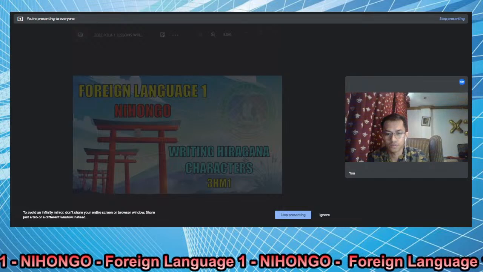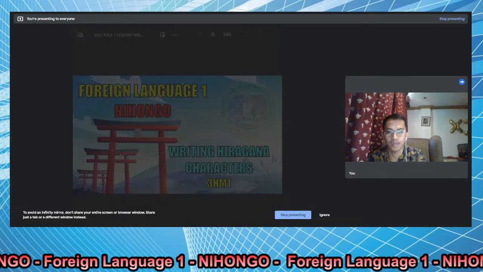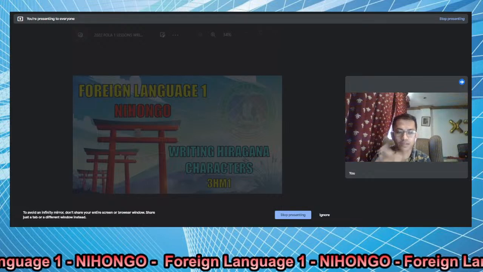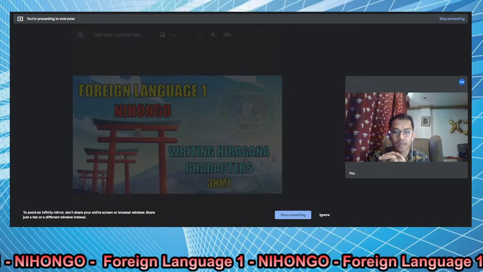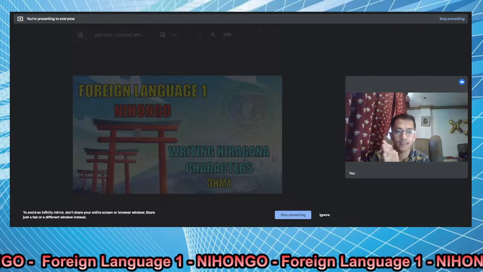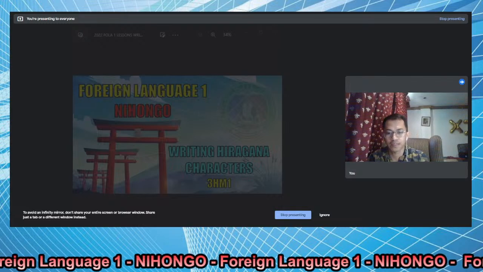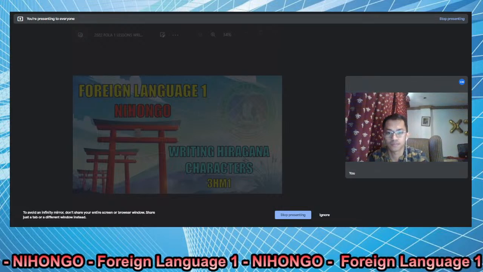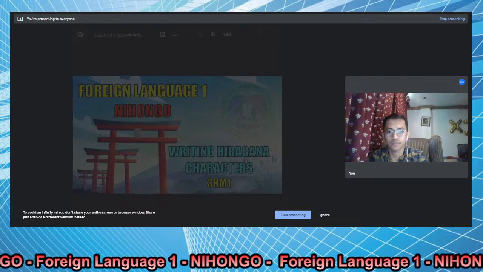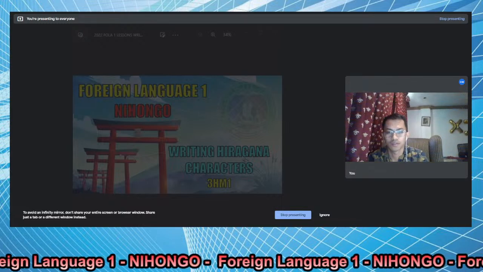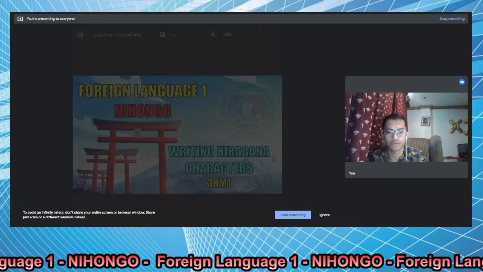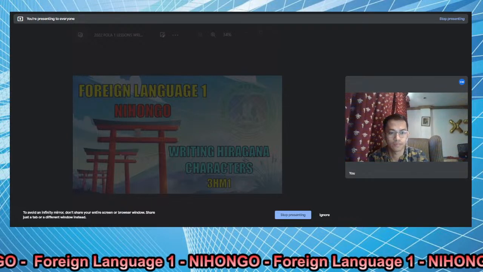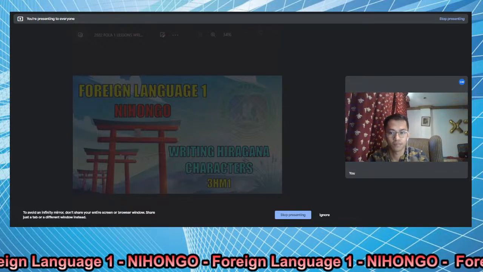Okay. So, first, ano nga ulit yung first set of characters na nandoon sa hiragana practice sheet natin? Hiragana stroke order, yung first column na nandoon. Anyone?